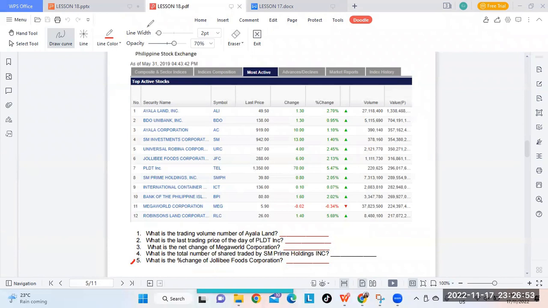Jollibee Foods Corporation. So Jollibee, bida ang saya. Number 6, Jollibee Foods Corporation. Tapos, hinahanap natin is the percent change. Hindi sa change, percent change. So, dito tayo. Okay, tapos Jollibee. So, we have 2.13%.